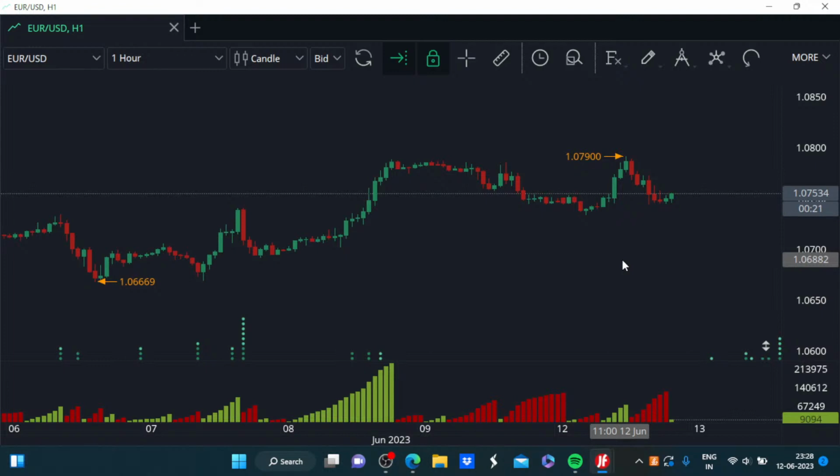We can gather these data points and then make use of them to figure out the trading opportunities.